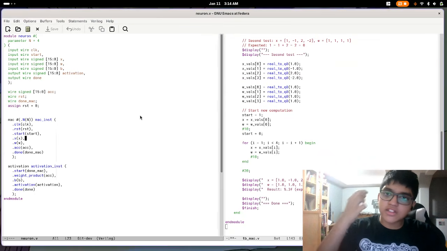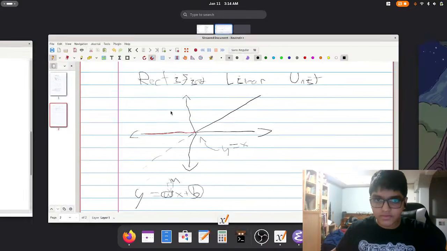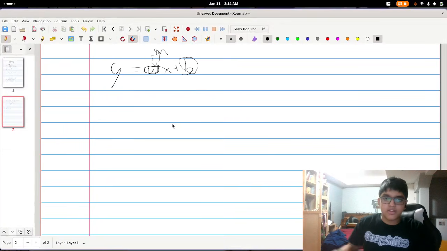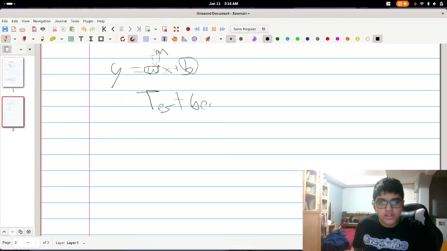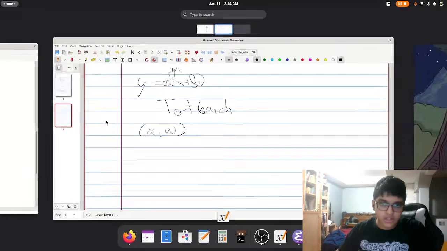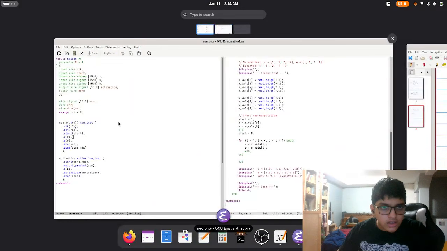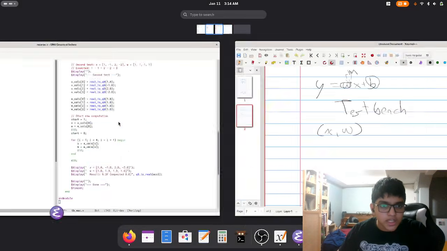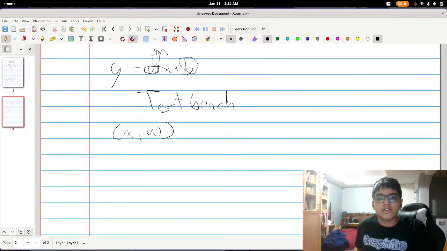Basically, the way that this neuron is run is that the test bench feeds it a new XW pair on every clock cycle.